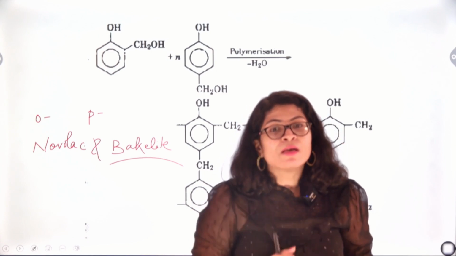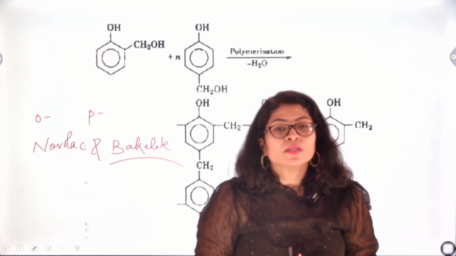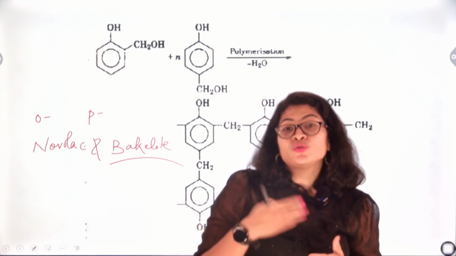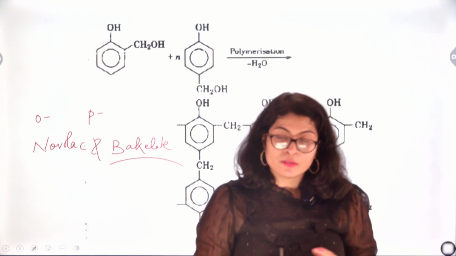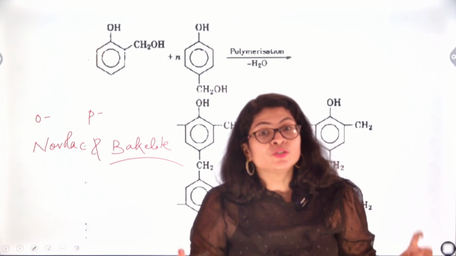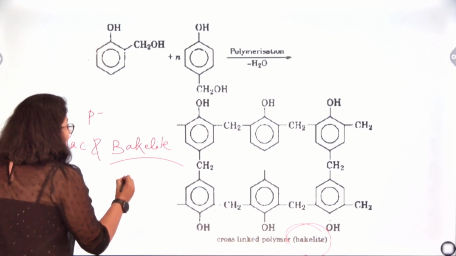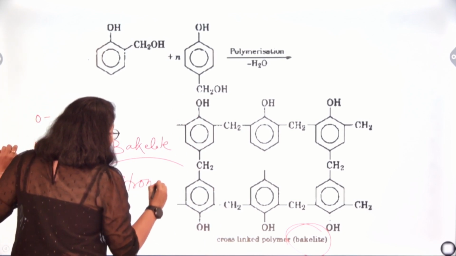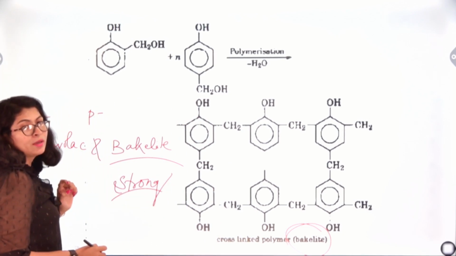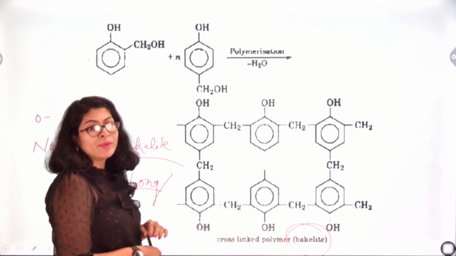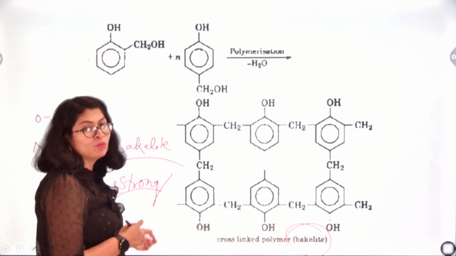If bakelite has an additional bond in itself, then obviously bakelite will be stronger as compared to novolac, which is made up of only linear chain polymers. Understood? So bakelite is strong as compared to novolac.